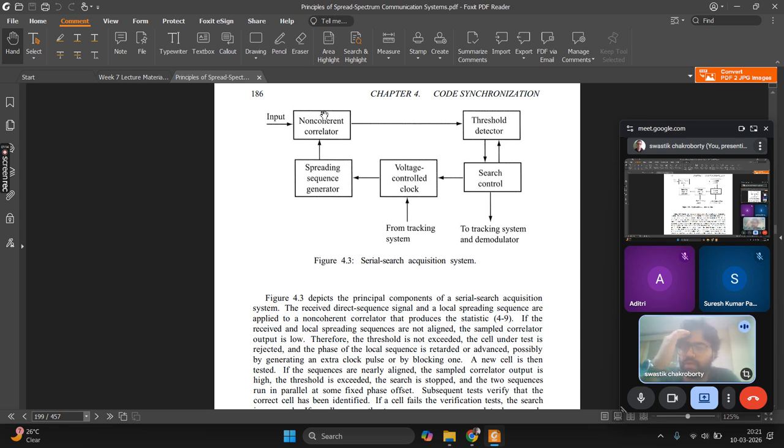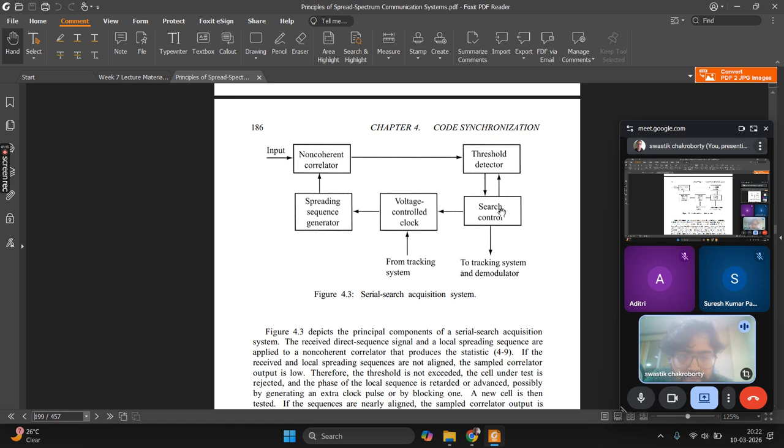So here we had done basically correlator output threshold, and we have actually already done serial search acquisition, but we said we are just doing threshold and deciding based on the feedback, but we have not discussed what the feedback looks like.